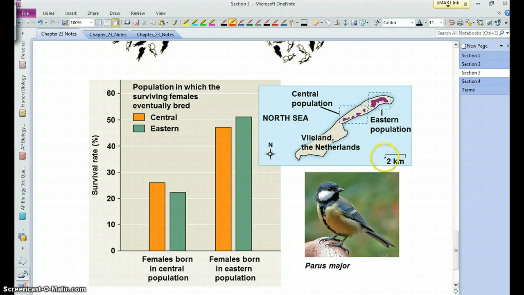So in this case, the gene flow is keeping this central population from evolving and better adapting to its surroundings on this island.